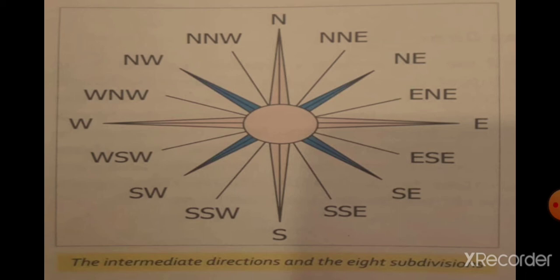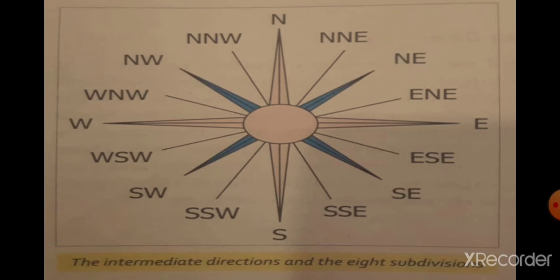For example, I say this is north and this is east. These are divided, the places lying halfway. If north and east are taken, the center will become northeast.